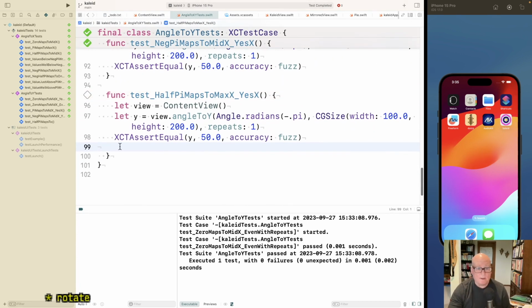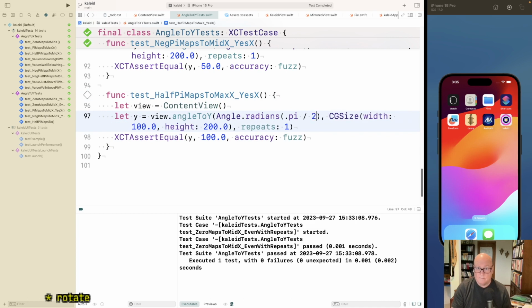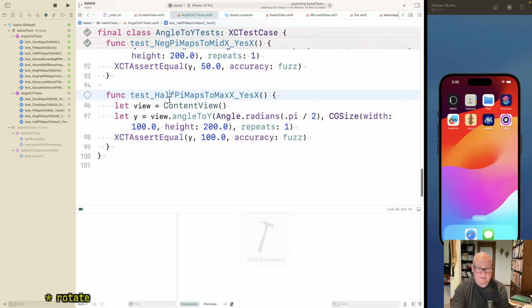If the repeats are 1, that's a simple sine curve, well, going this way. Half pi is the max point, and so that should be 100. All right. And then this is pi divided by 2. Whoops. Okay, so this test, I think, should pass.